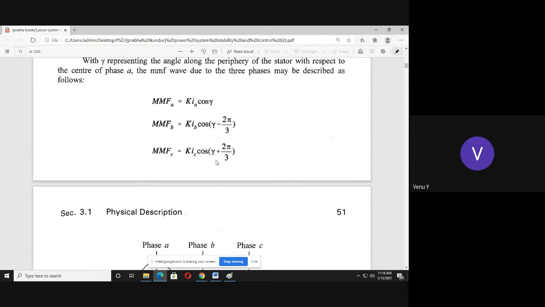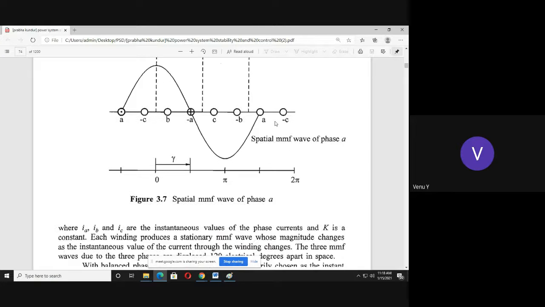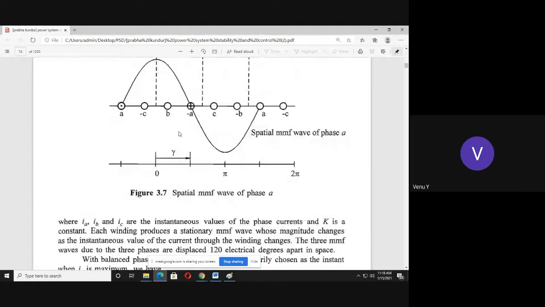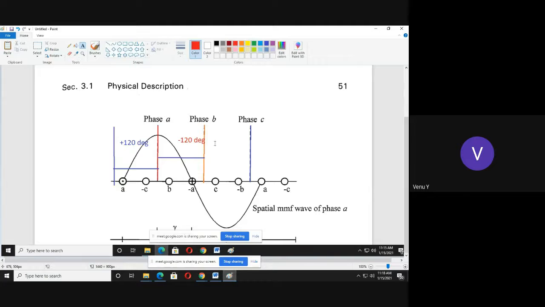Phase A, phase B, phase C. In space, if you cut the stator and show all the phases, it appears like this, which is nothing but this spatial distribution. This is phase C.